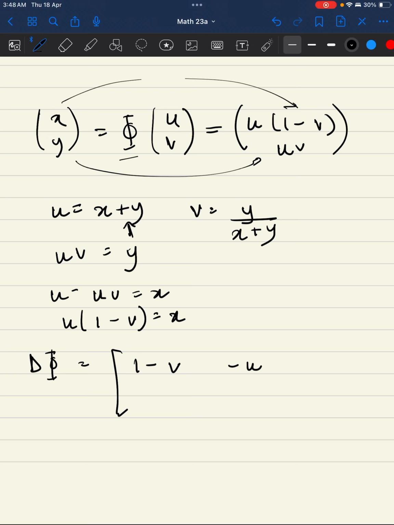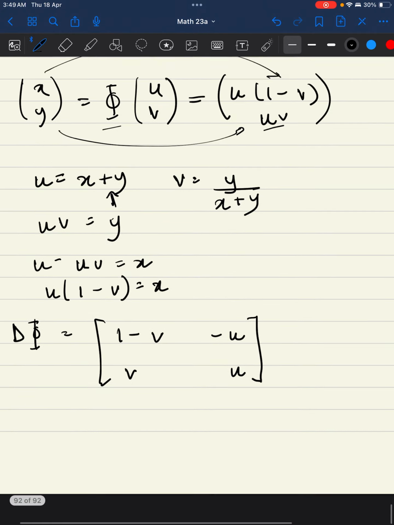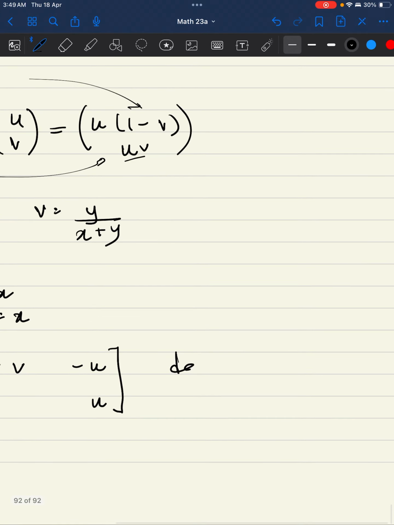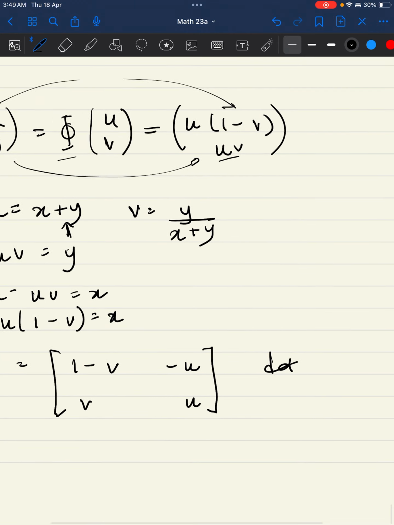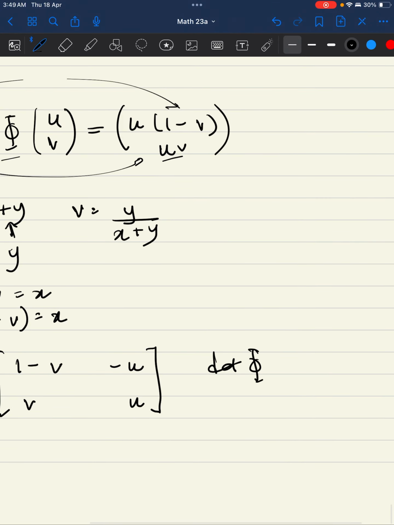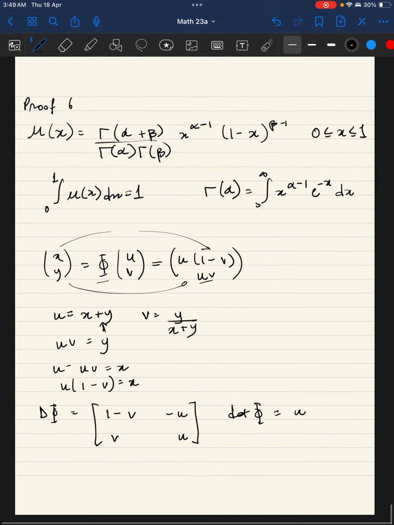Then differentiate the bottom with respect to u to get v, and lastly with respect to v to get u. And finally I'm going to write down the determinant of phi, which is equal to u. It's kind of easy to check.